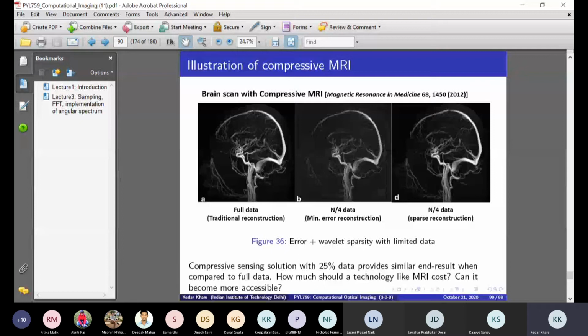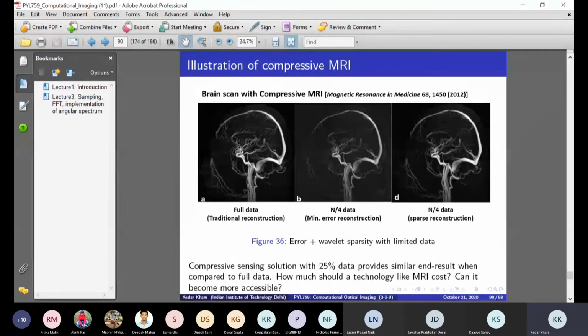The blood vessels are there, and this is what you get if you do traditional reconstruction based on full n pixel data in Fourier space. This is the picture the doctor wants to see. If there is any blockage or tumor in the brain, the blood flow will show as blocked. As a result, people can know if there is some problem.